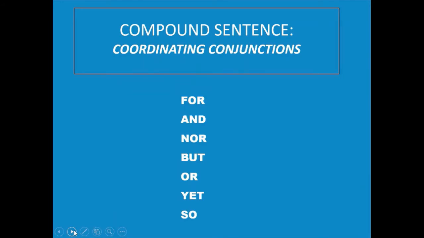Next, here you can see the coordinating conjunctions: for, and, nor, but, or, yet, so. This does not mean that every time the sentence might be using one of these words.